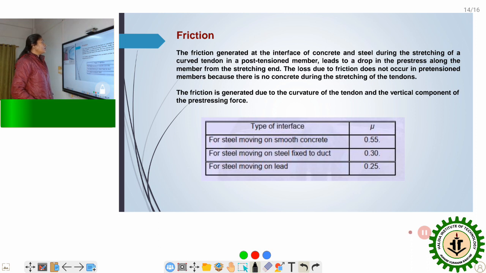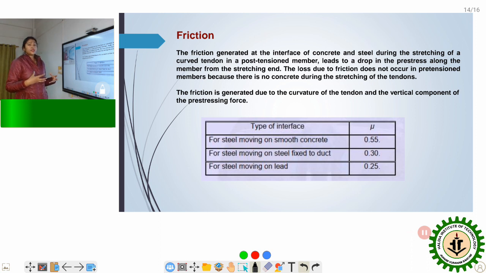So, how is friction generated? Friction is generated between the concrete and the steel section after the stretching has been done. When the steel is stretched, the pre-stress in the tendons is induced.